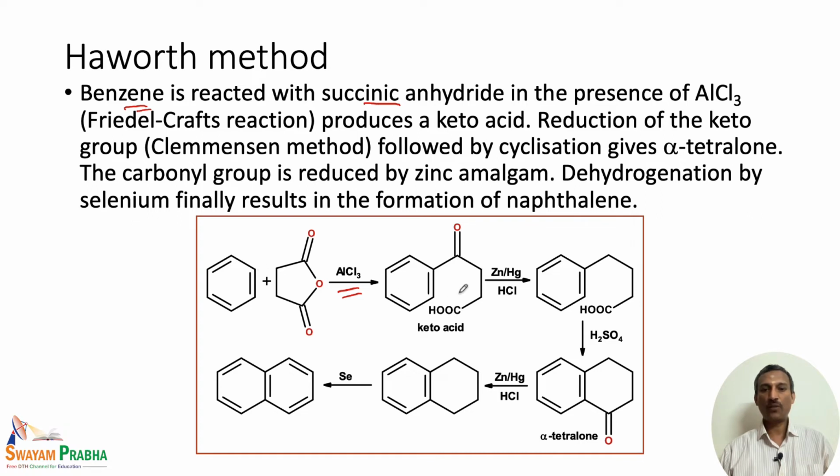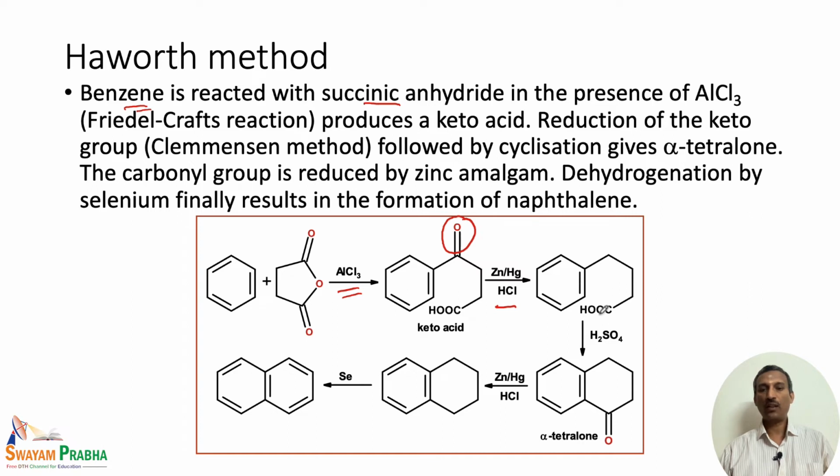the formation of a keto acid, and this keto acid on zinc amalgam reduction in the presence of HCl loses this particular keto group. So, we end up with a simple carboxylic acid, and this carboxylic acid is suitably positioned to undergo cyclization.